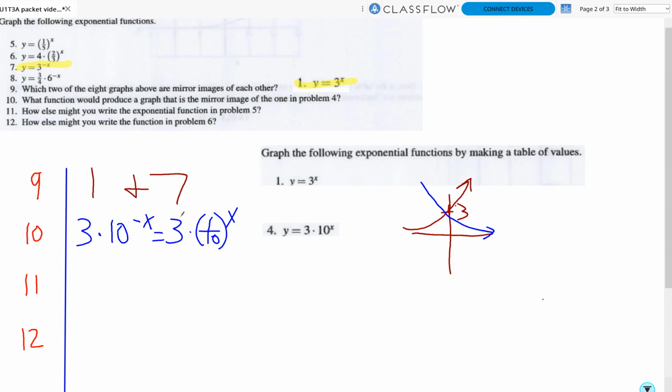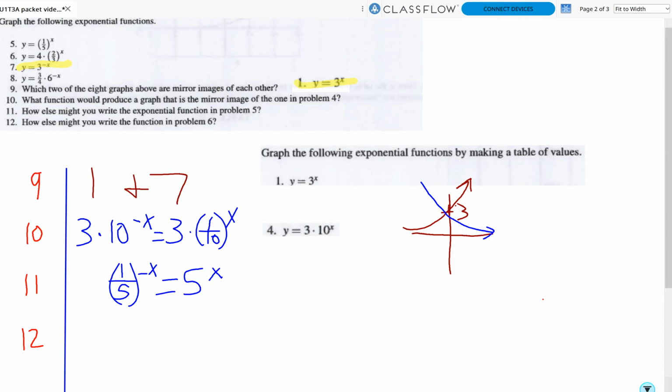Number 11 asks you to do the same for number 5. So number 5 is a decreasing graph with a y-intercept of 1. My mirror image is going to be 1/5 to the negative x power, which is the same thing as writing 5 to the x power.